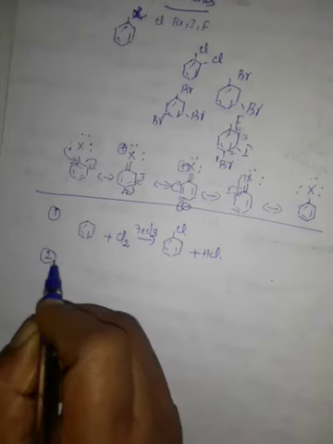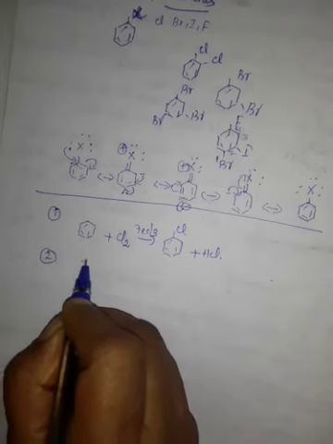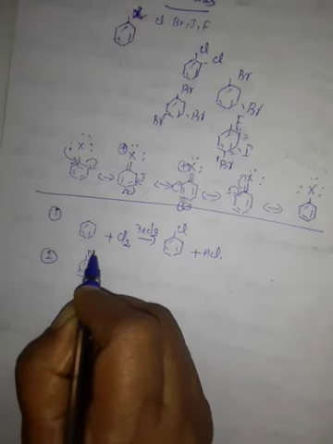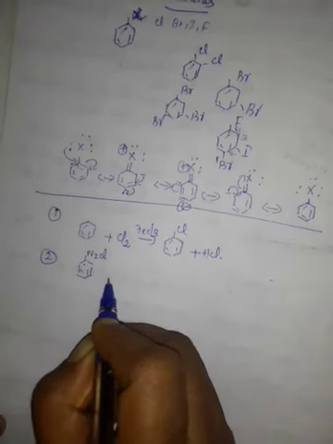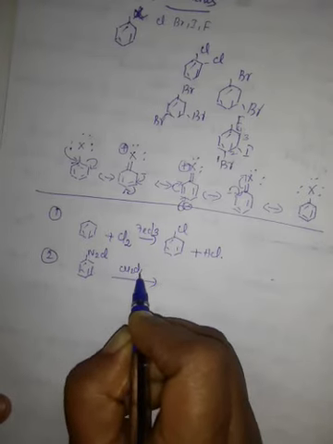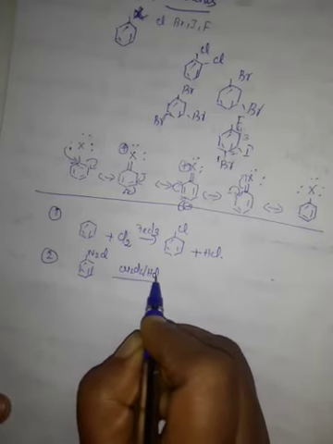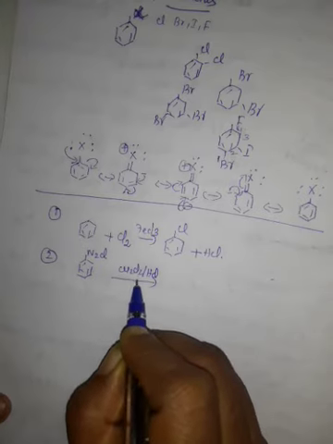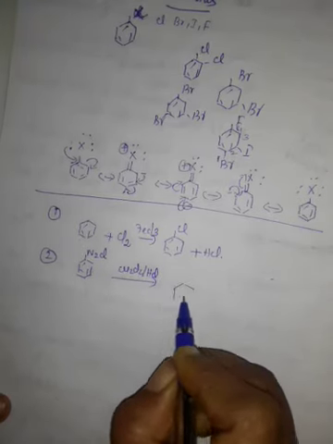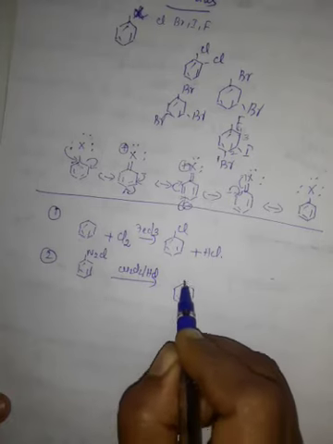Second one, from benzene diazonium chloride, that is C6H5N2Cl. When treated with cuprous chloride and HCl, we are getting chlorobenzene.